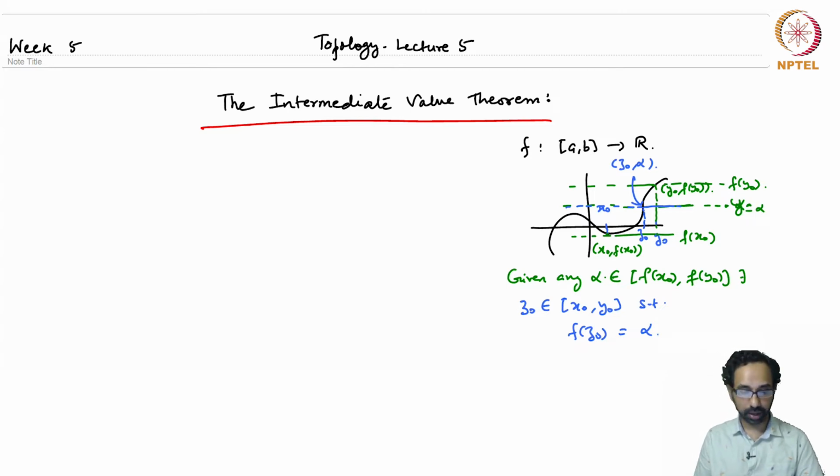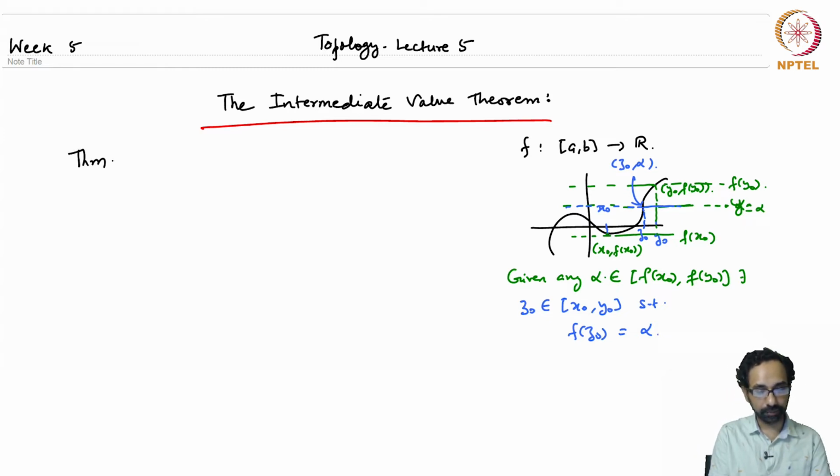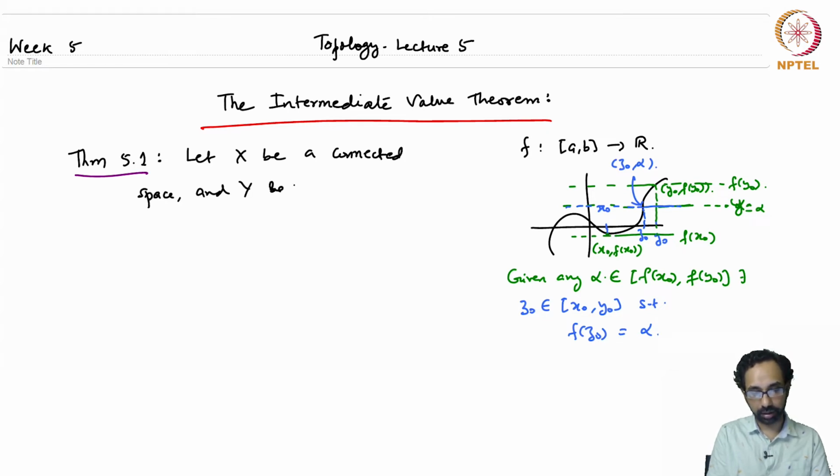in calculus. But the theorem in its full generality is given as follows. Let X be a connected space and Y be a simply ordered set with the order topology.